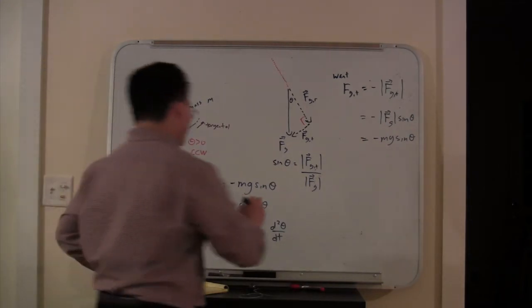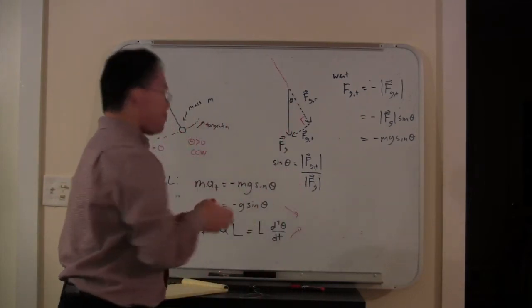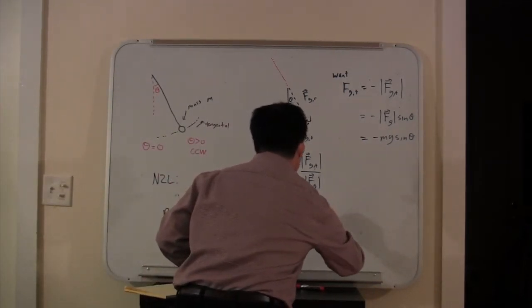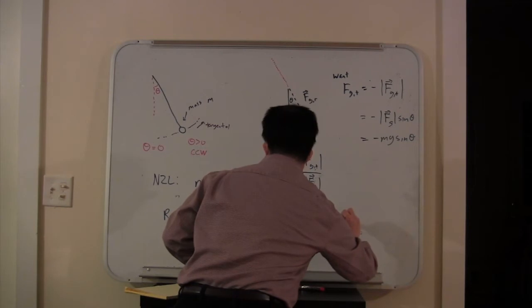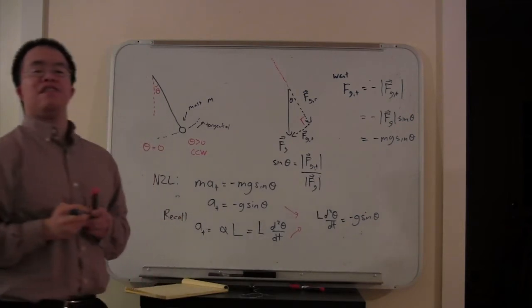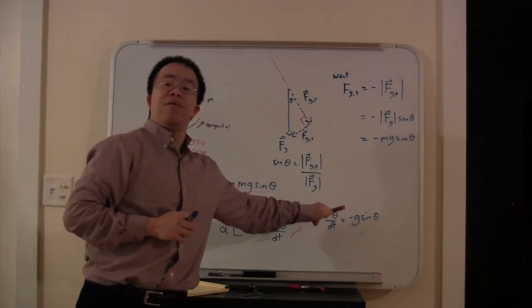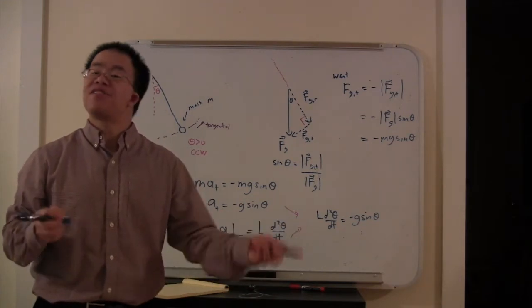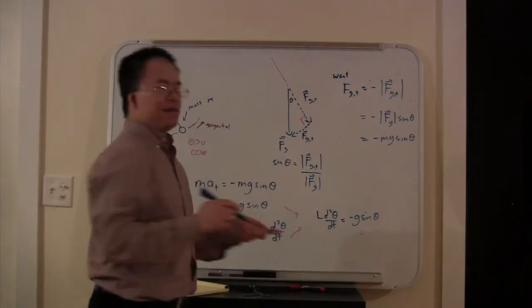Plugging that in, bringing these two pieces together, we get L d squared theta over dt squared equals minus g sine theta. Or to write this in the traditional form, noting that now theta is a function of t, since we're trying to solve for the angle theta as a function of time, ultimately, I'll write out the full dependence.